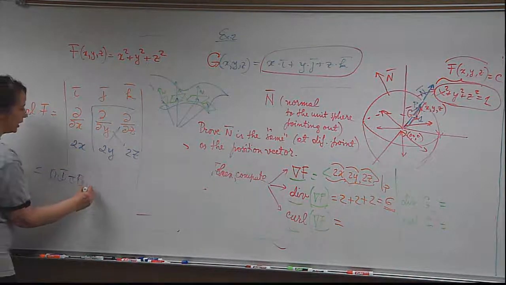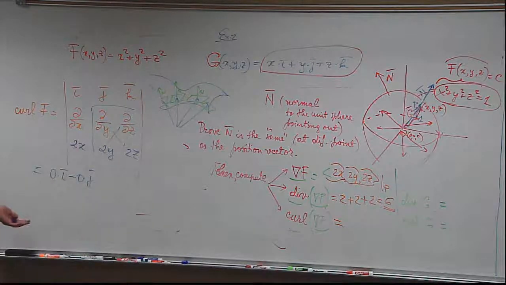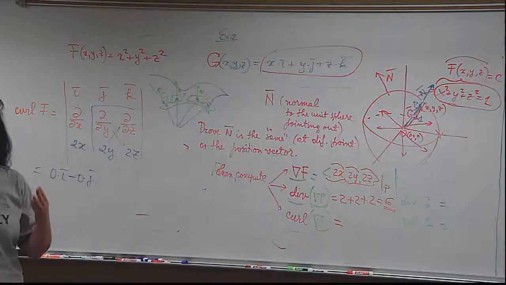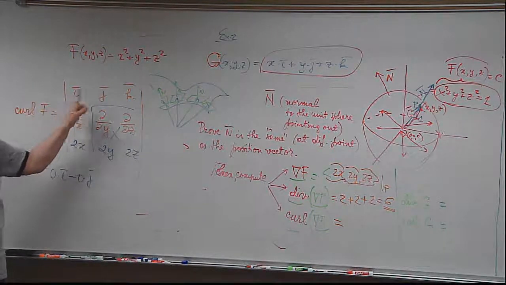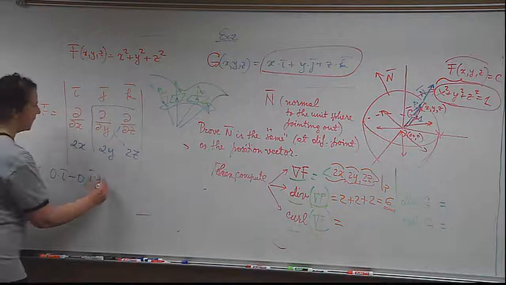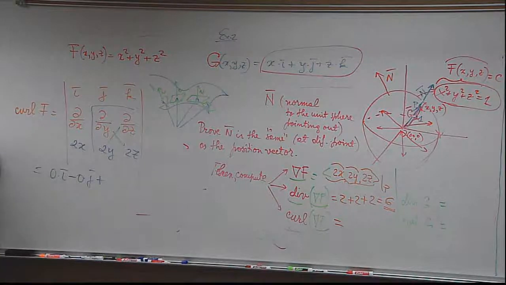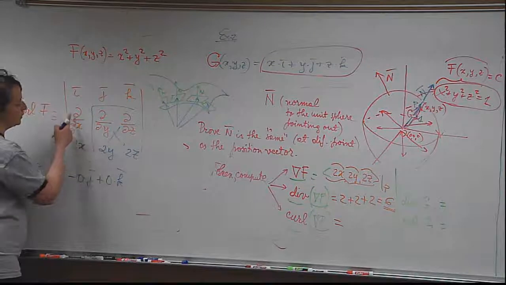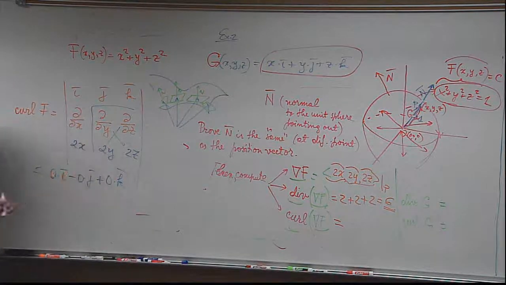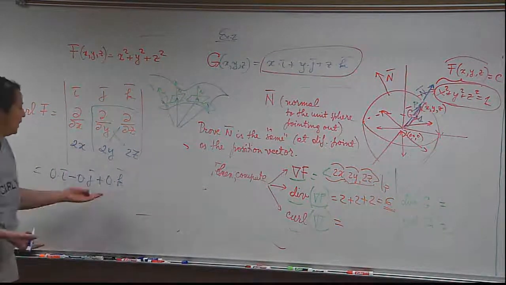Minus 0j. Is it silly of me to say minus 0j? Yes, it is, but I did it because I want you to have the good habit of saying plus, minus, plus. And plus finally, the same kind of thing will give you 0k, because when you do the partial derivative of y with respect to x, you get 0.